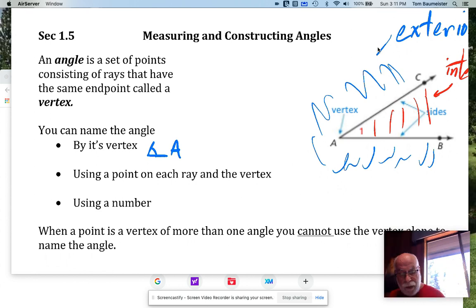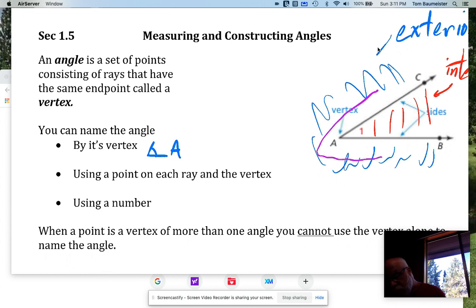Our second one says by using a point on each ray and the vertex. It's important that the vertex be in the middle. So if I go this way here, I'm going to call it angle CAB.